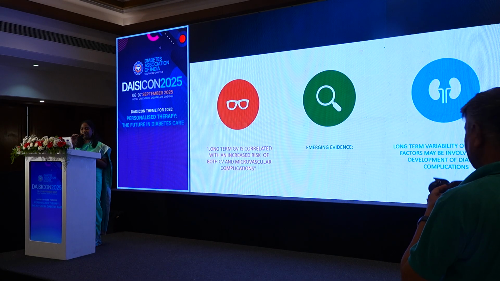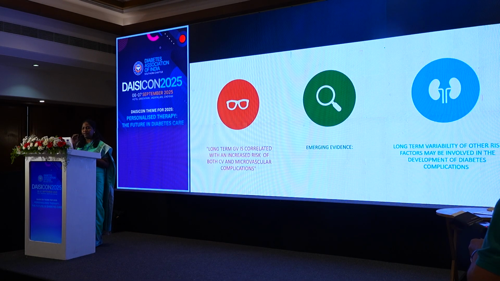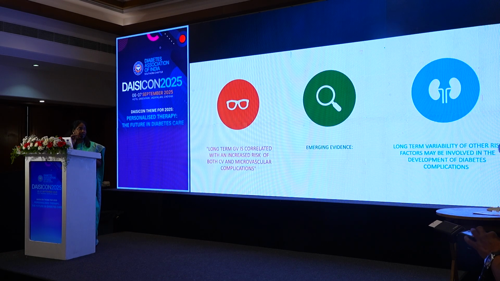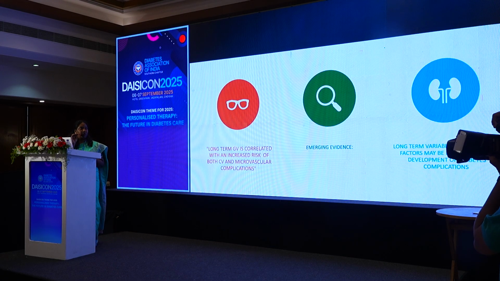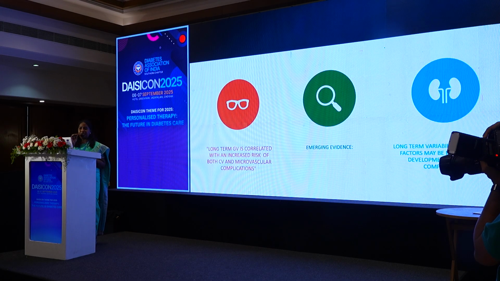Long-term glycemic variability is correlated with an increased risk of both cardiovascular and microvascular complications, but now there is emerging evidence that long-term variability of other risk factors may be involved in the development of diabetes complications.